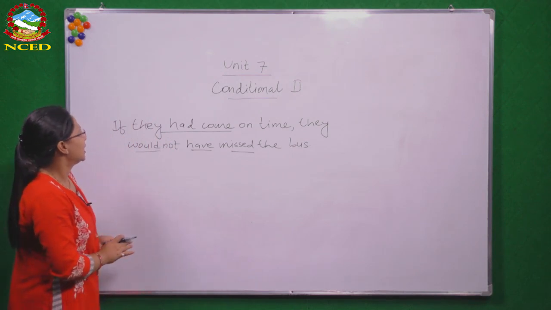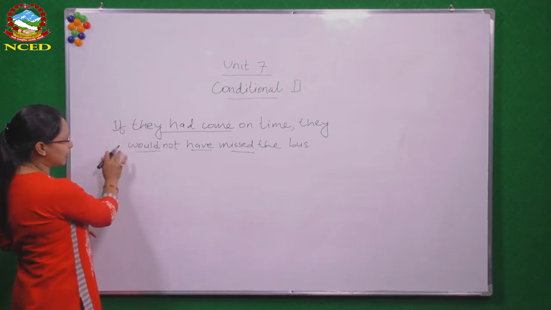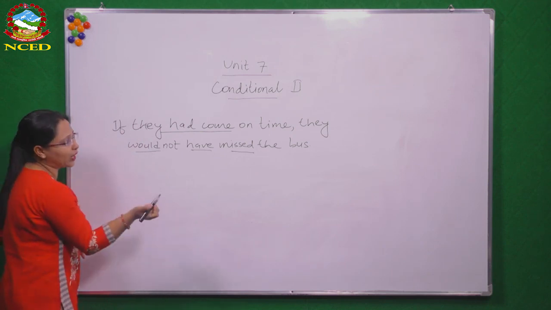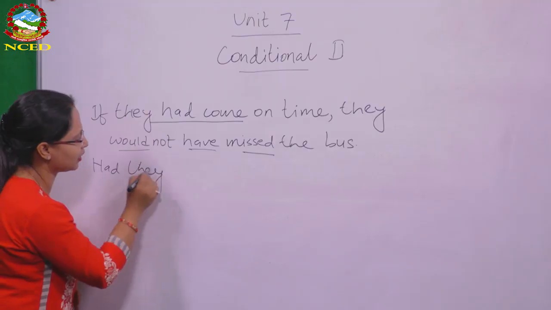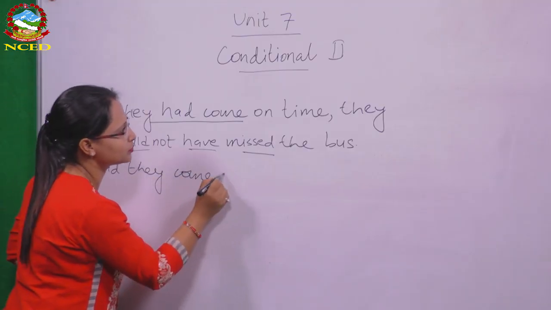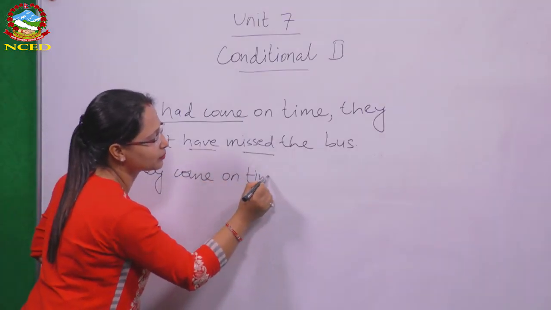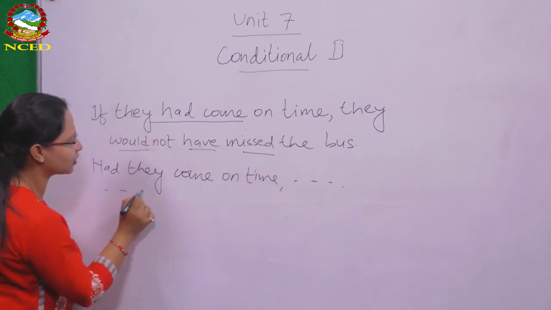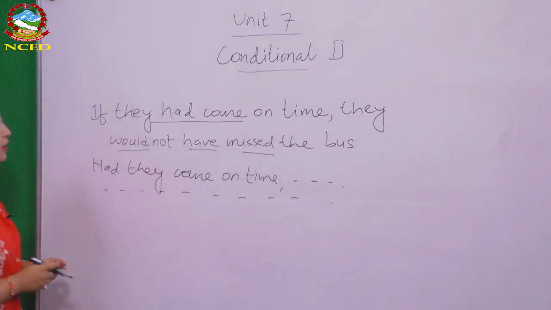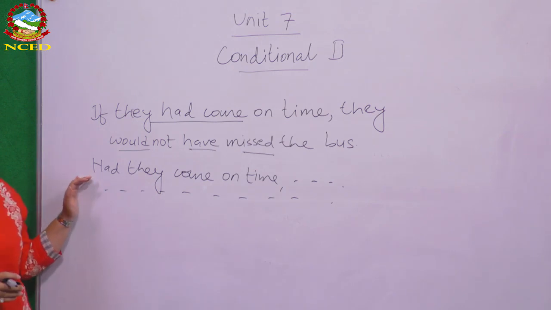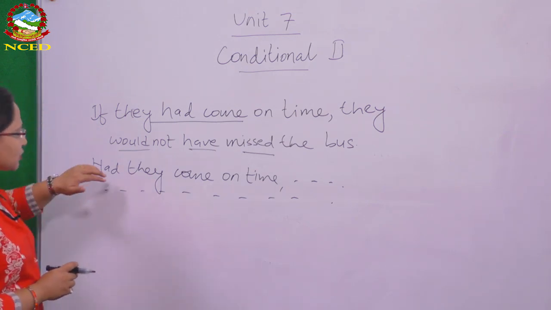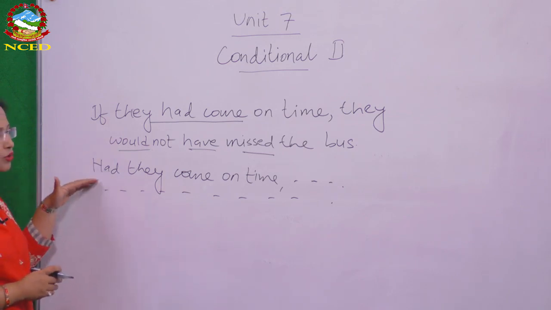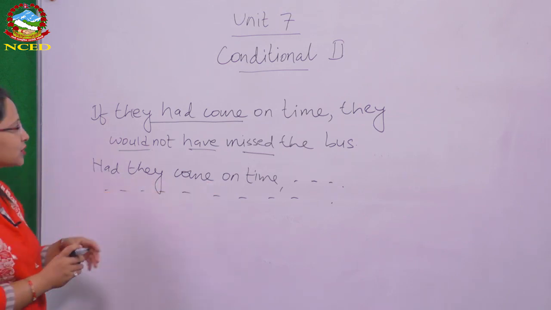Okay? So the same sentence can be written in another way as well. Okay? Had they come on time, and the main clause remains the same. Okay? So this is another type of structure. This is also a conditional structure. यस्तोमा चाहिँ if लेखिदैन, sometimes you also may find this type of structure.